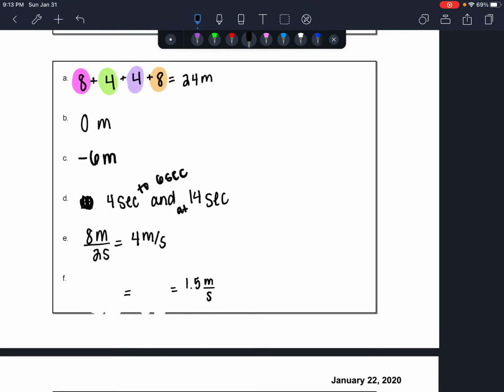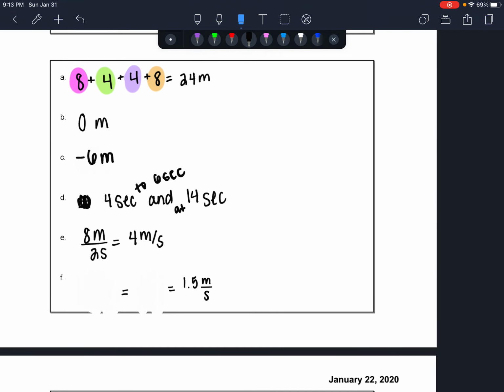So my total distance is going to be quite large. If I add up the total distance, I end up getting 24 meters. And if I divide this by the total time of 16 seconds, I end up getting a reduced fraction of 3 meters for every 2 seconds, or in other words, 1.5 meters per second.